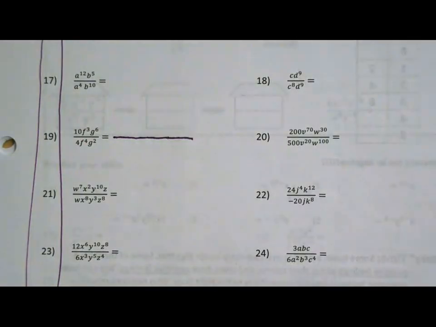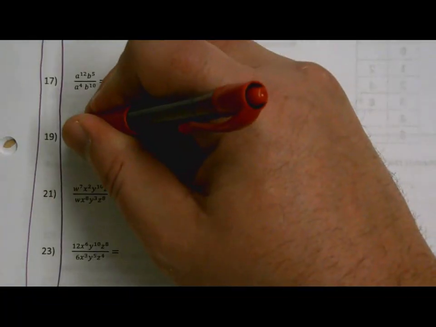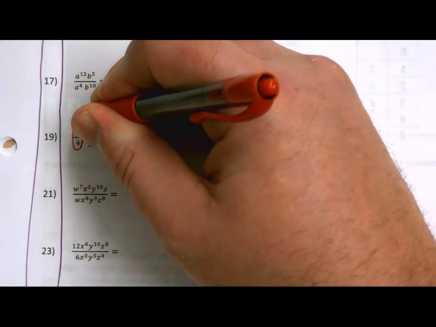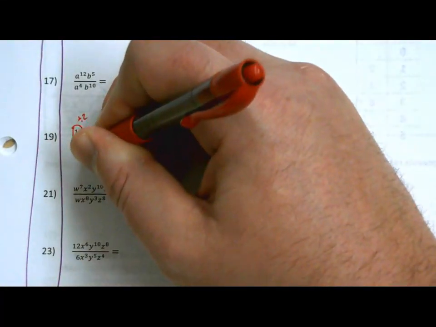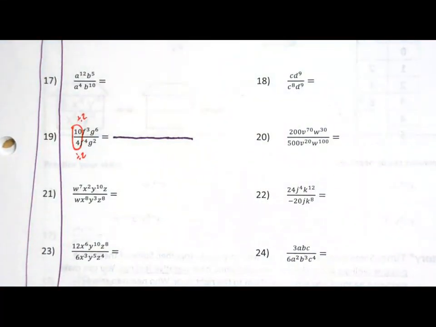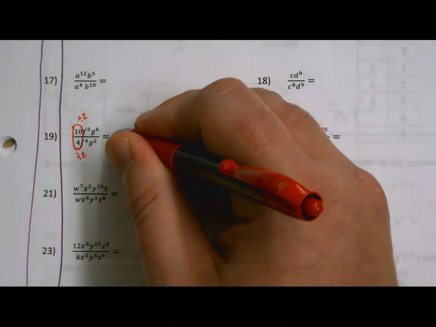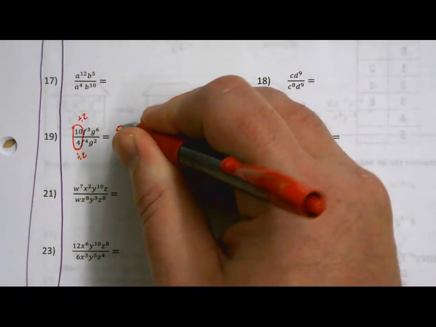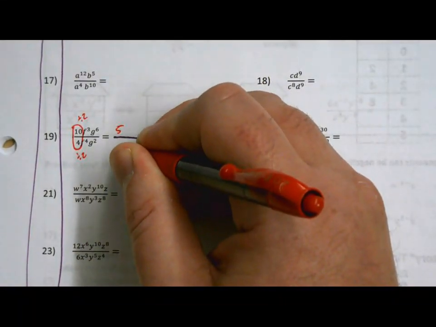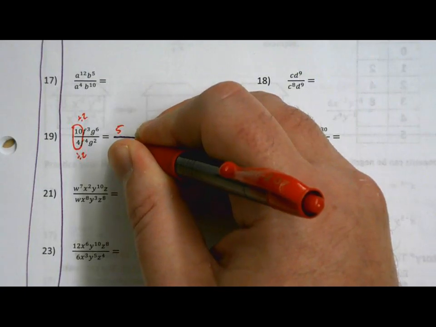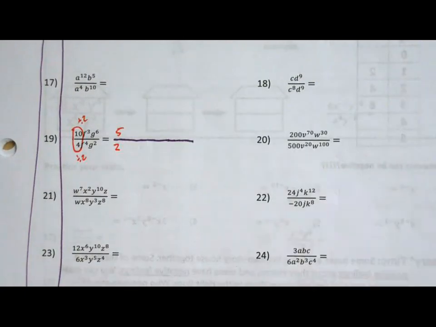If I were to divide both of those by 2, so the 10 and the 4, I divide them both by 2, what would I get? 10 divided by 2 is 5, and 4 divided by 2 is 2. Good. All right, you're doing awesome so far.